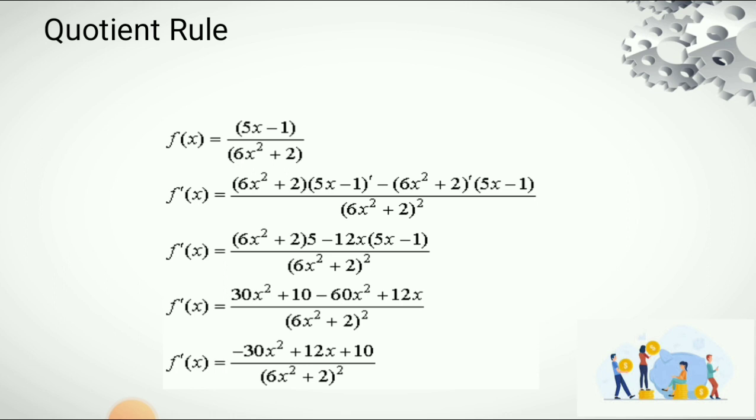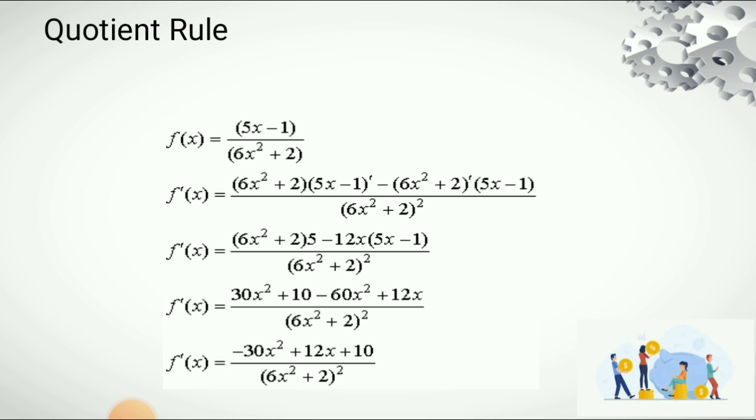So the first derivative of f of x is equal to 6x squared plus 2 times 5x minus 1, minus 6x squared plus 2 times 5x minus 1, over 6x squared plus 2 raised to the power of 2.